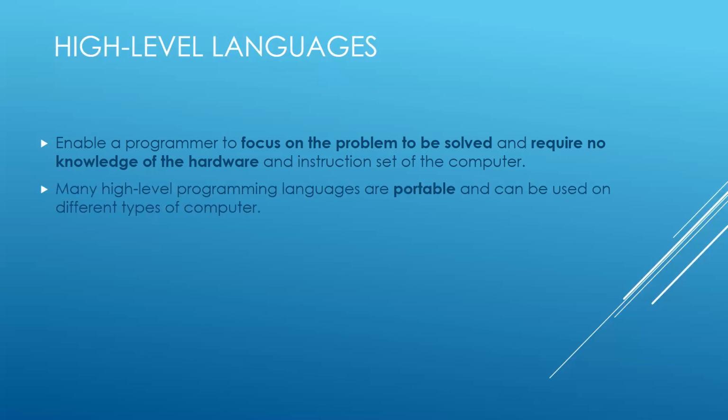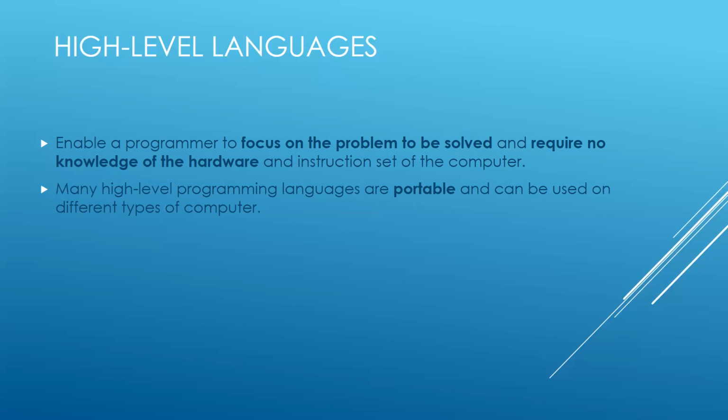Many programming languages are portable. Now, what does portability mean? It means that a program designed for one can work on different types of computers. If I have designed a computer program in a high-level language for one architecture, for one type of machine, that same high-level language program can be used on some other machine.